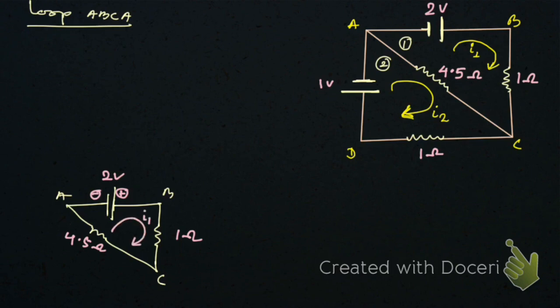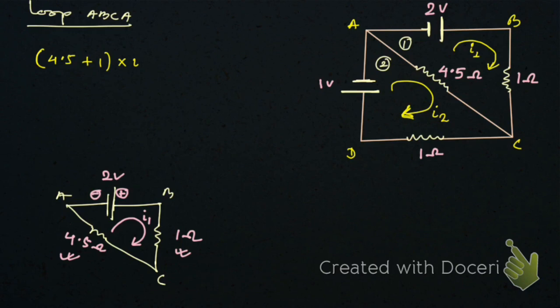So here you can see, first add the resistances. Let me show you how to apply the shortcut. 4.5 ohm plus 1 ohm, right, into, then multiply current I1.